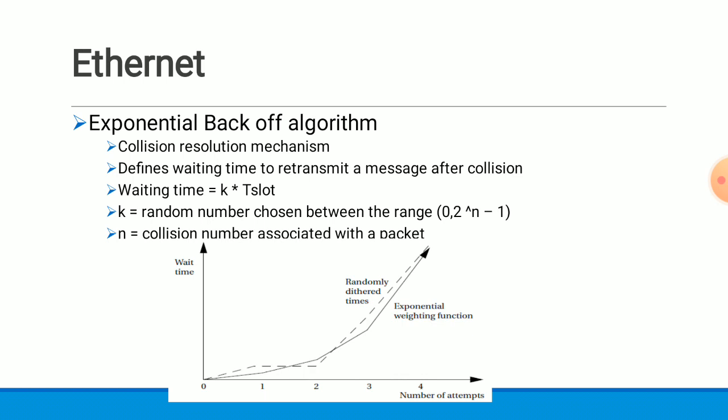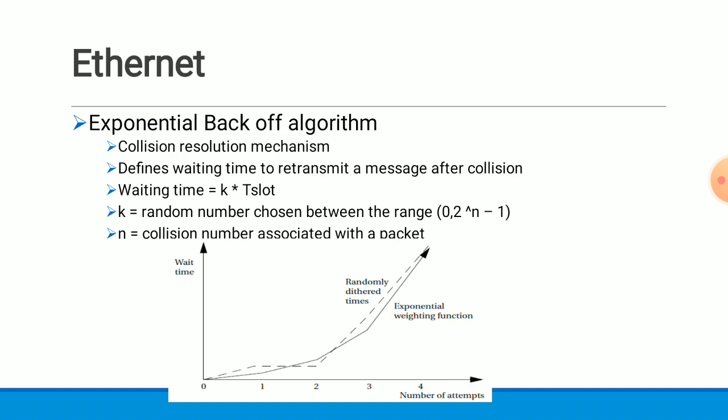Then the maximum time is given as 2t, that is, 2 into the propagation delay of the network. This total time 2t is divided into different slots, and the duration of each slot is given as capital T slot. Then the waiting time period for a node is given as k into T slot.